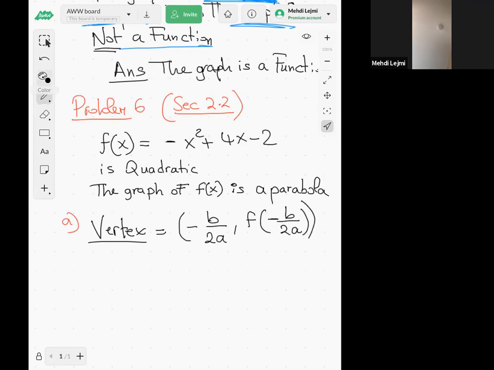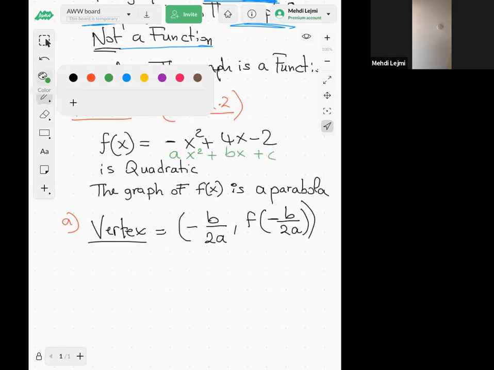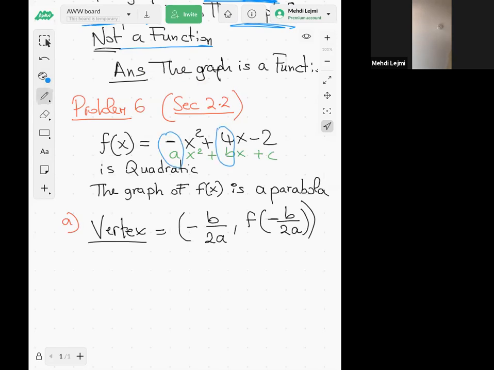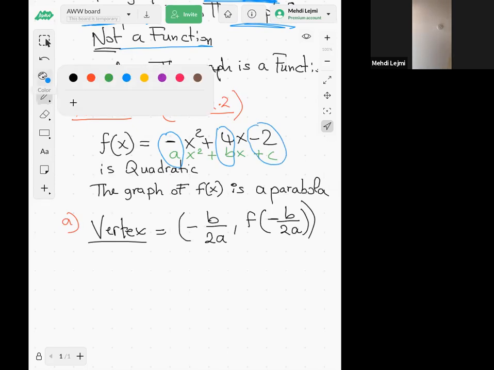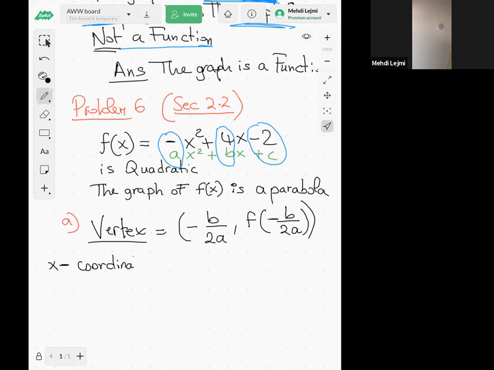This is a quadratic function of the form a x squared plus bx plus c, so a is -1, b is +4, and c is -2. A vertex is a point, and the point has an x coordinate and a y coordinate.